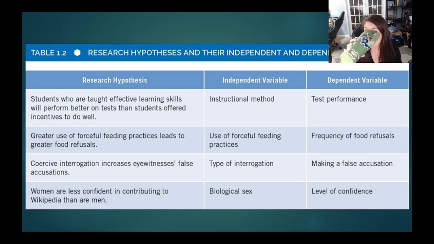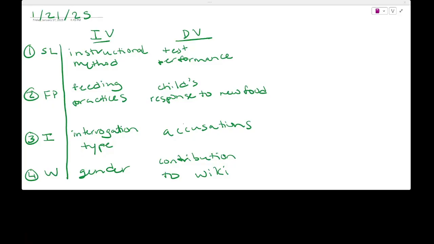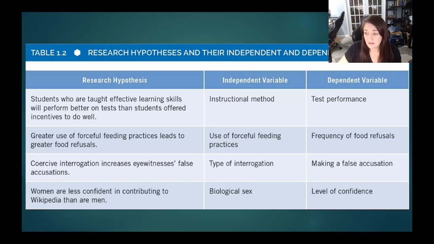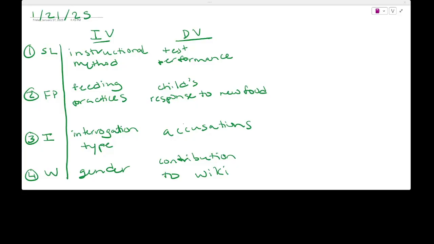Now, the only one that's a little bit different from our brainstorming on independent and dependent variables is the level of confidence here versus the contribution to Wikipedia here.